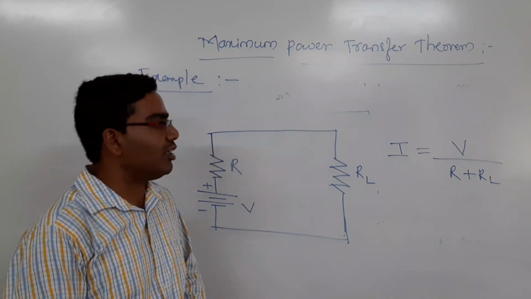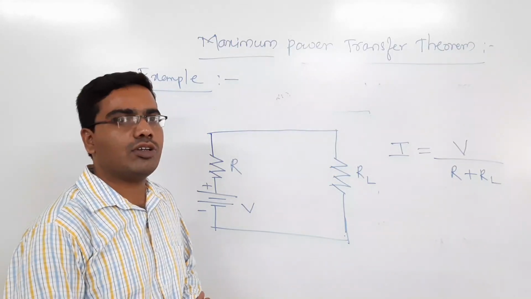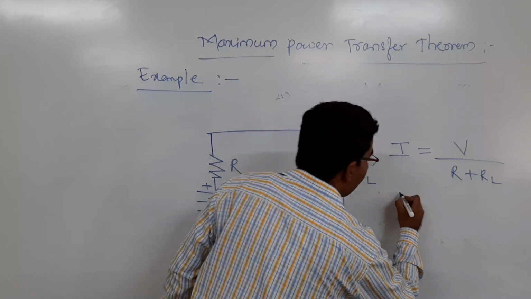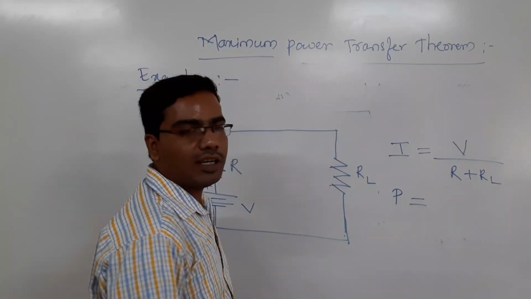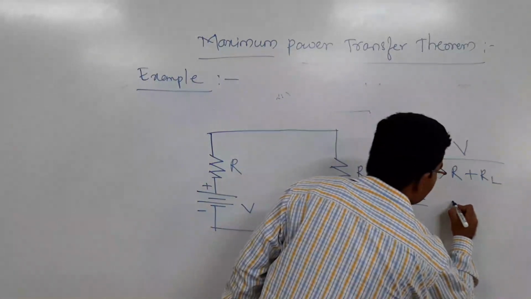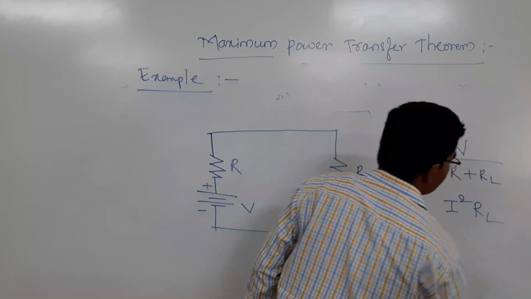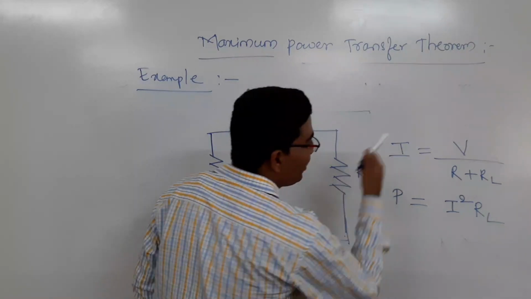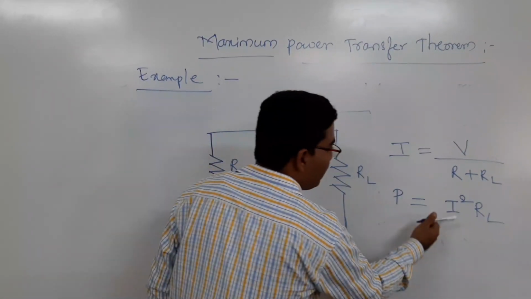Then what is the formula for power? The power formula is P equals I squared RL. Then I will substitute the I value here.